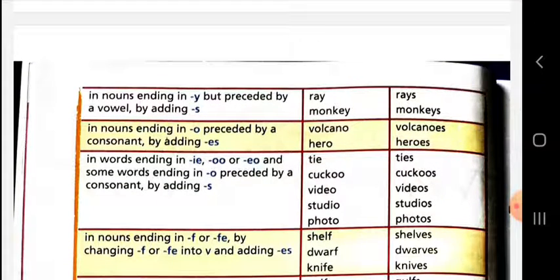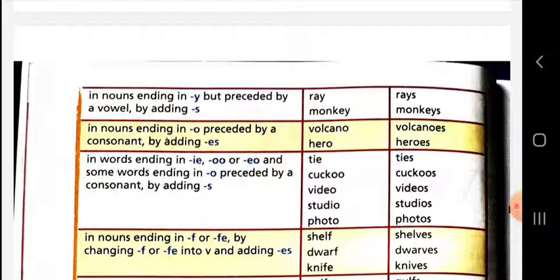Next, for nouns ending in y but preceded by a vowel, you need to add only s. If any noun is given and the last letter is y but before it is a vowel, there are 5 vowels: a, e, i, o, u.